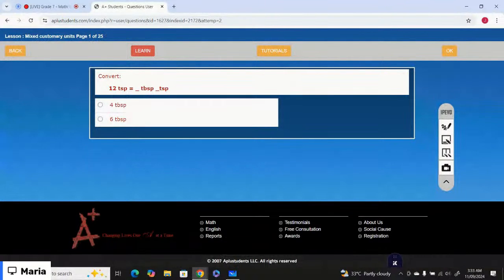12 tablespoons it is, right? You have to find how many tablespoons and how many teaspoons. That is 4 tablespoons, right? Because 1 tablespoon equals 3 teaspoons. So that is 4 tablespoons. Option number 1 is the correct option. 3 gallons, 3 quarts, which is the correct option?